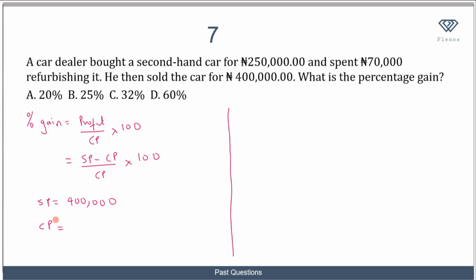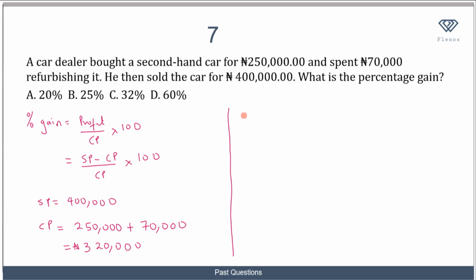So the total amount he spent in bringing the car up to shape before he could sell it is equal to the 250,000 for the car plus the 70,000 he spent to refurbish it. And when you find the sum of these two numbers, that gives you 320,000. So now we know that his cost price is 320,000 naira, because that is the total amount of money he spent to bring the car to shape before he sold it.